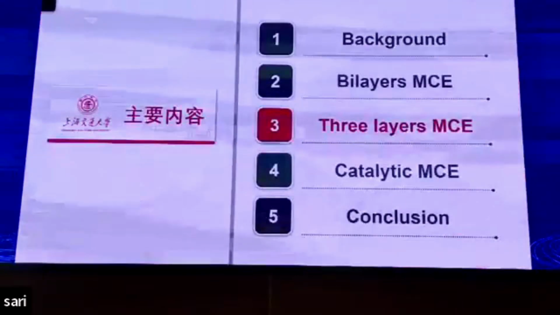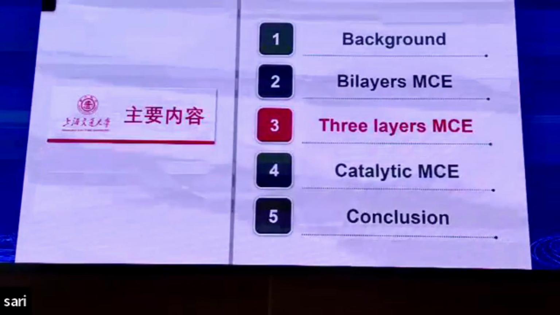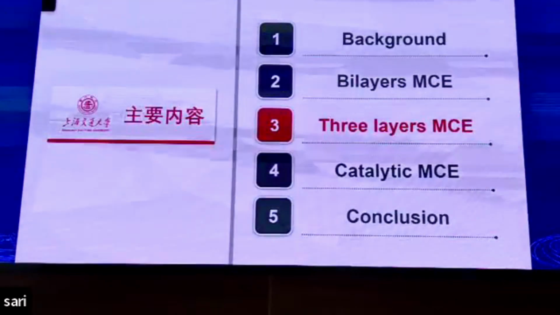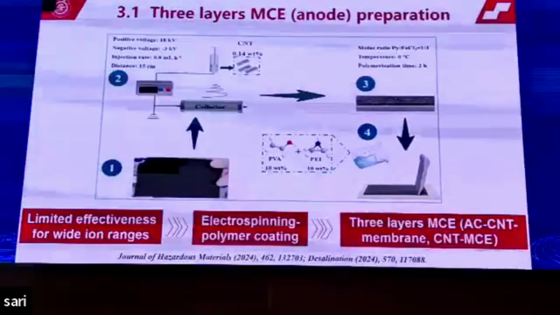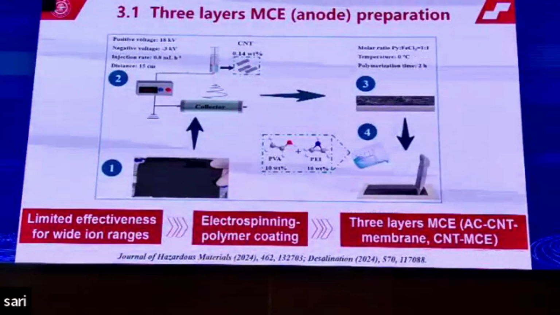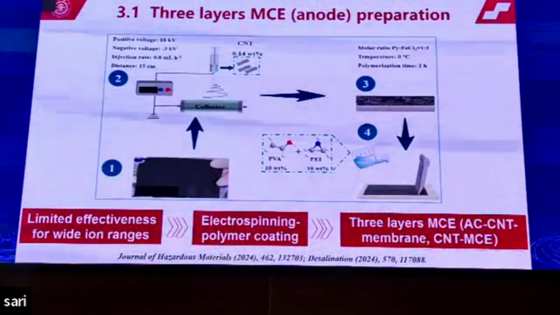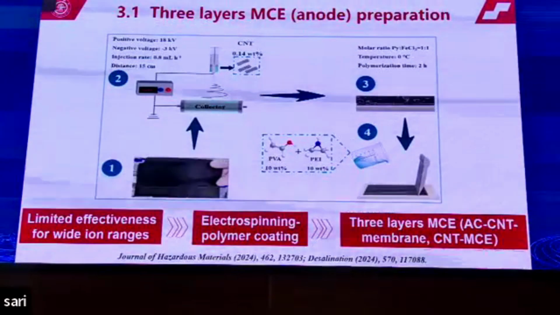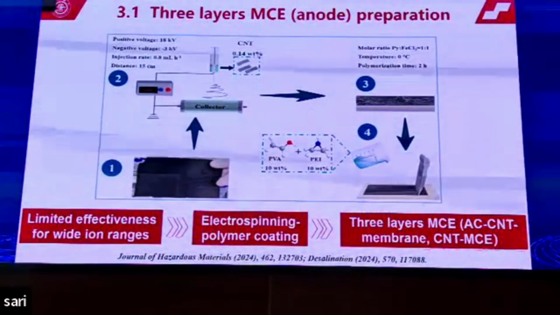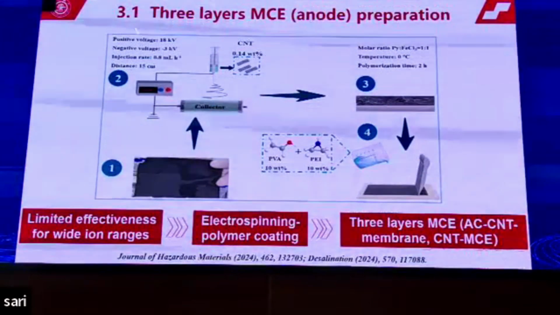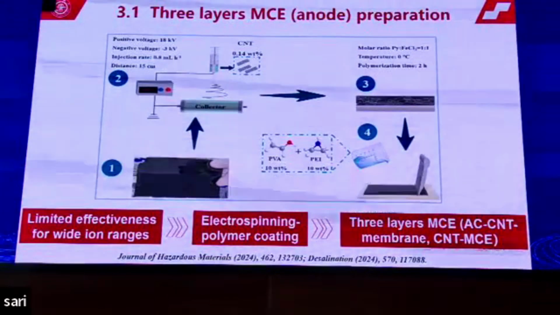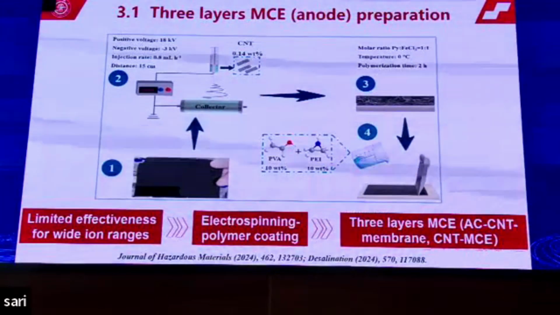But another issue for the CDI is it can only be used for moderate ionic strength, while it was not suitable for low or higher ionic strength. To address this problem, we want to further investigate a 3-layer MCE.